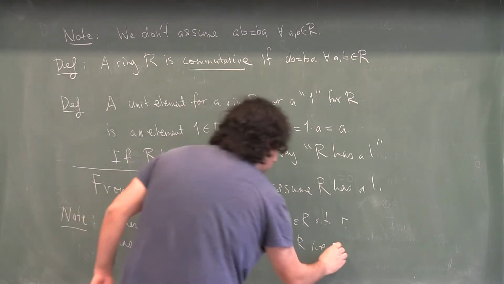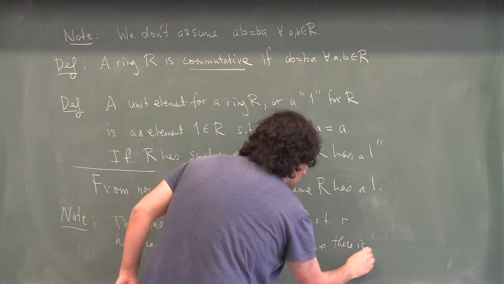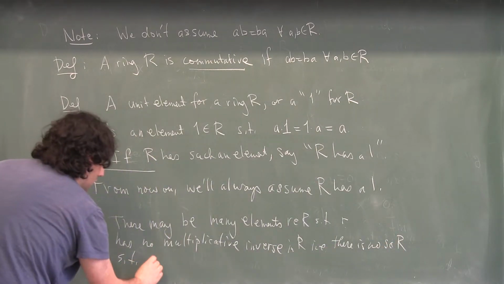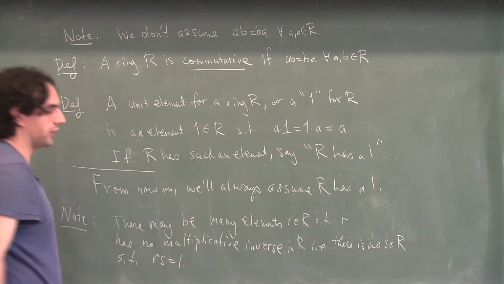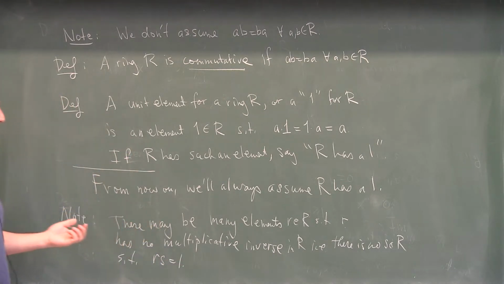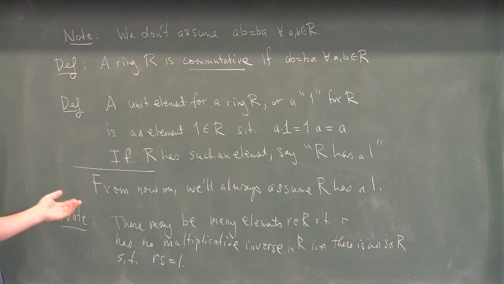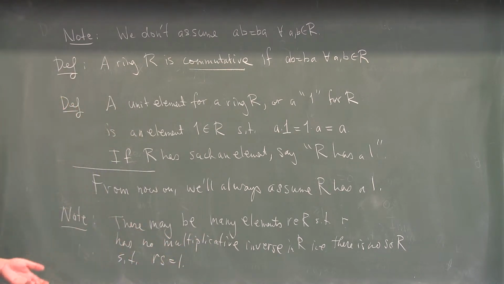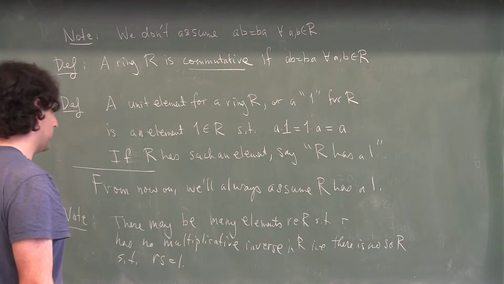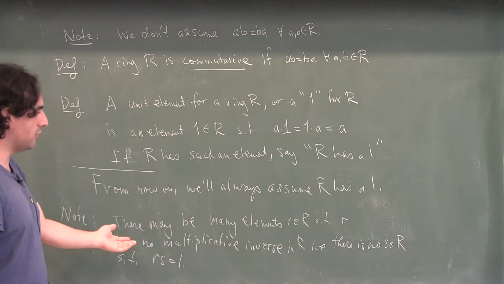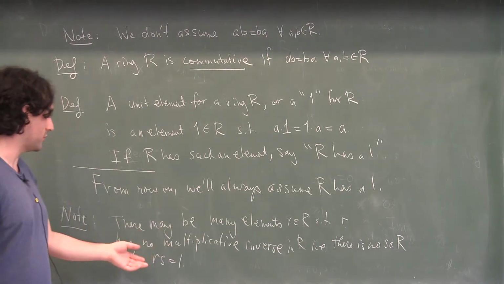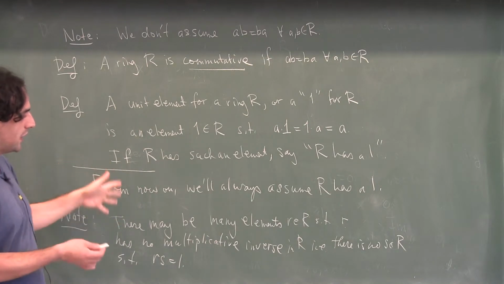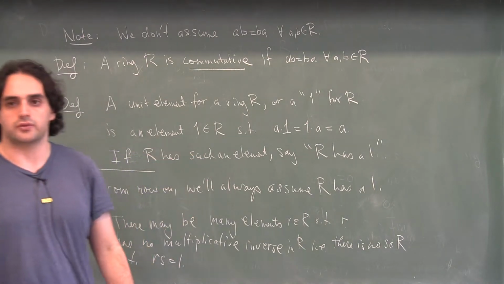I.e., there is no s in R such that rs equals 1. So certainly the element 0 has no multiplicative inverse because we said 0 times b is always 0, except if we are in the 0 ring, the ring consisting just of 0.